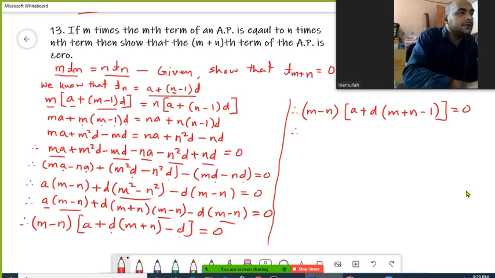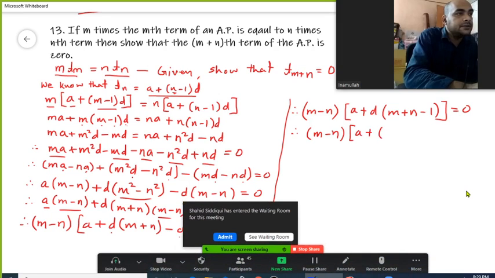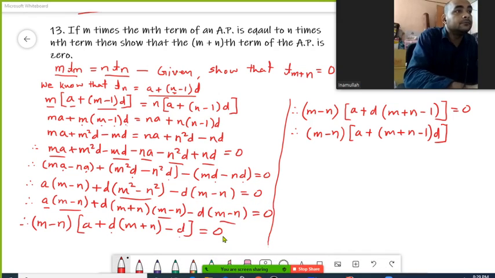So this can be written as (m minus n) into bracket a plus (m plus n minus 1) into d is equal to 0.